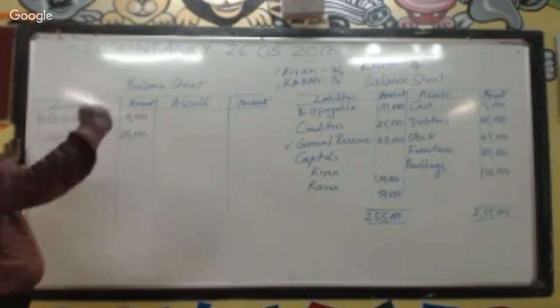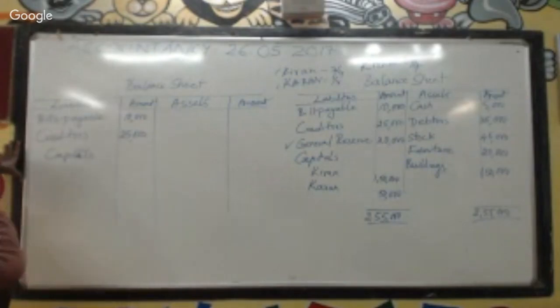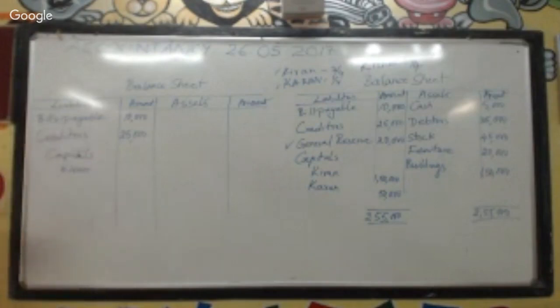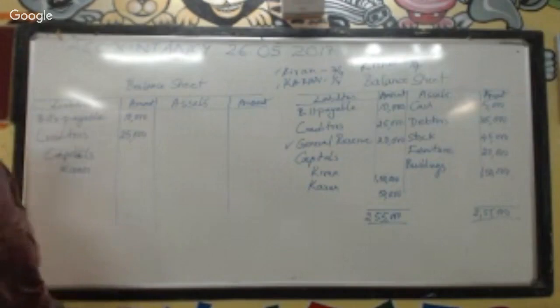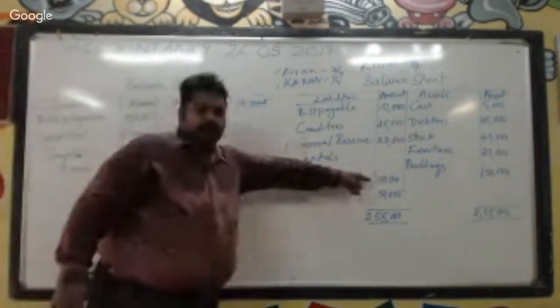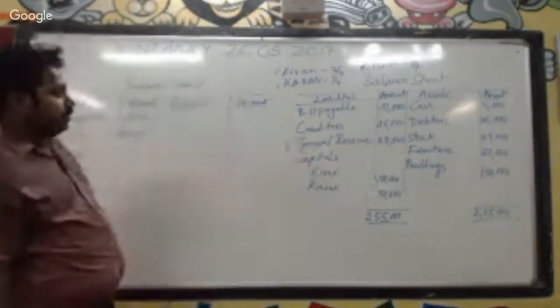So that's why there is a need for showing this Kishore capital also. So first write Kiran capital. You can see the Kiran capital, how much he has contributed at the time of business, 1,50,000.